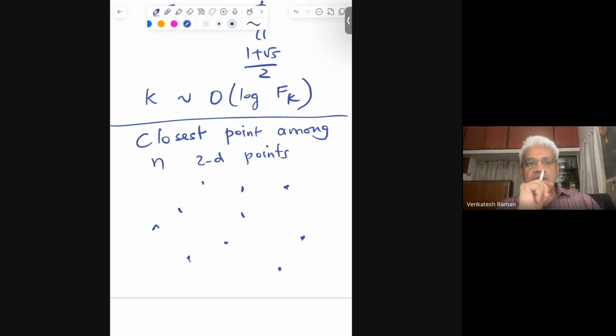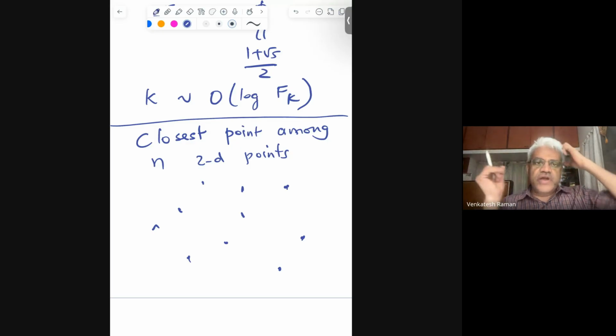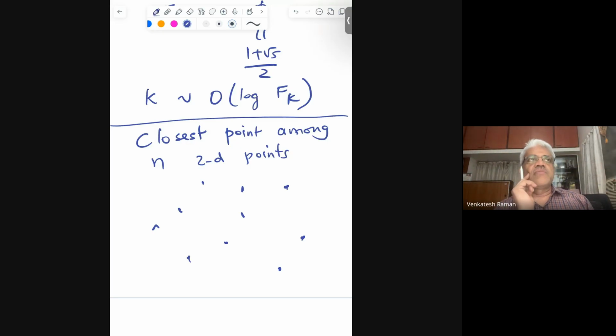Now, this is a standard divide and conquer example in most algorithms courses, where you sort first, then divide it into two parts, find the closest pair on the left, closest pair on the right, and then do some other things to get the divide and conquer recurrence, 2T(n/2) plus order n, and get n log n.